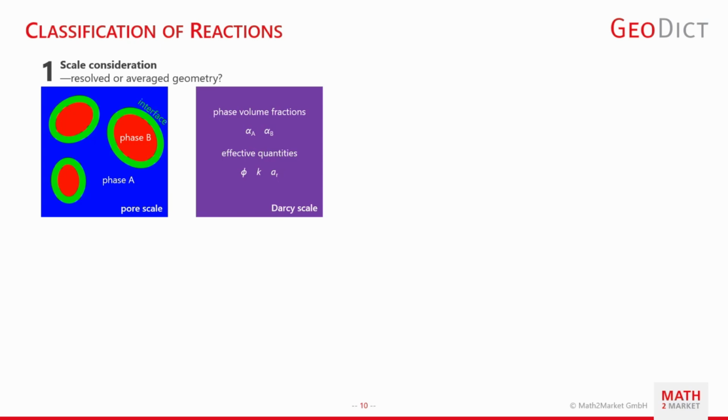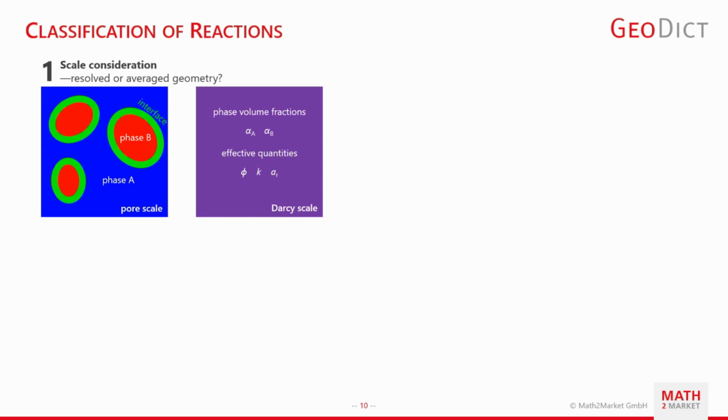This is what I call pore scale, or there are also other names, but I label it now pore scale. So you have explicitly resolved phases. You also see the structure of the phases, and as opposed to that, there's the Darcy scale, where you treat the medium as an average medium, and you have effective quantities such as the permeability or the porosity or the reactive surface area that represent the microstructure that is no longer resolved.